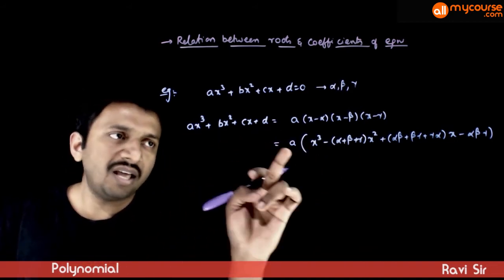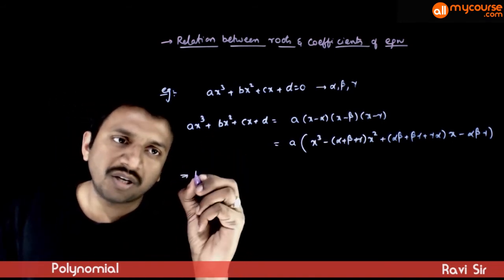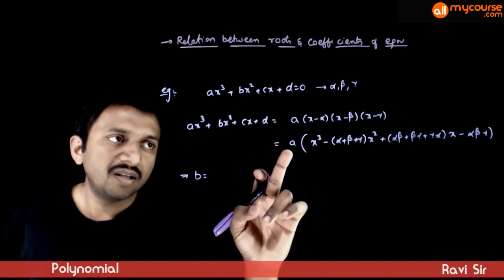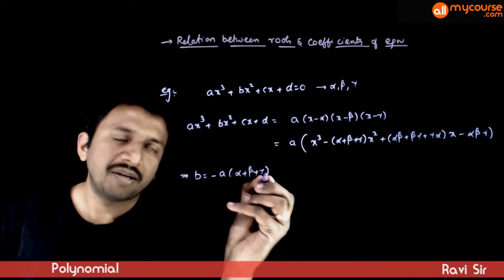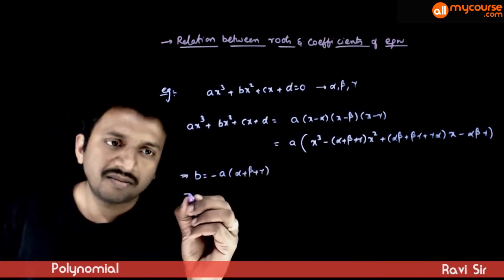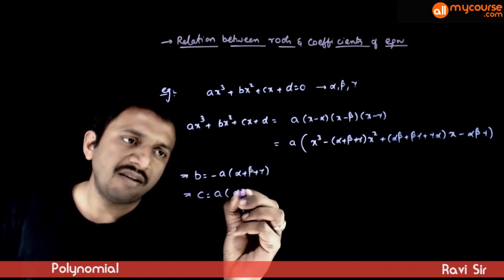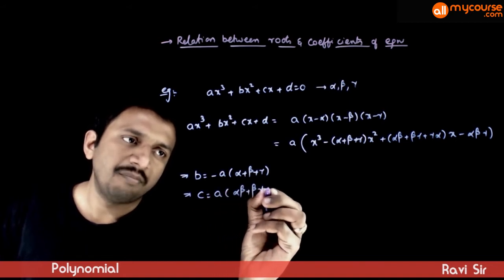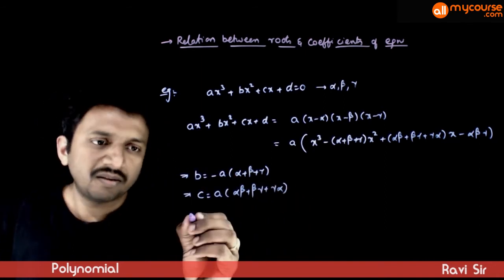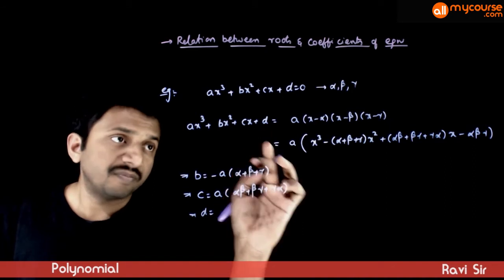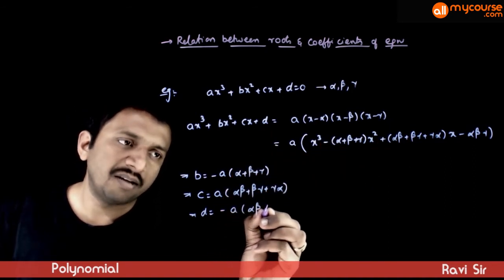The x cube coefficient a is obviously equal to a. The x square coefficient b is equal to minus a times alpha plus beta plus gamma. c is equal to a times alpha beta plus beta gamma plus gamma alpha. d is equal to minus of a times alpha beta gamma.